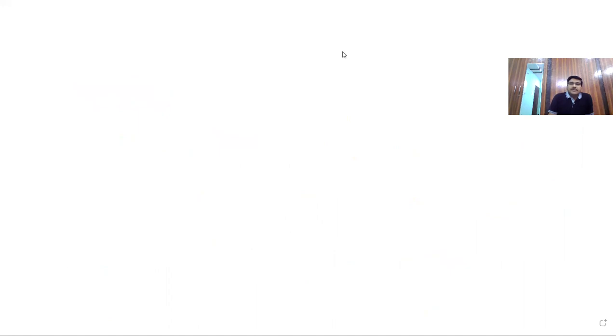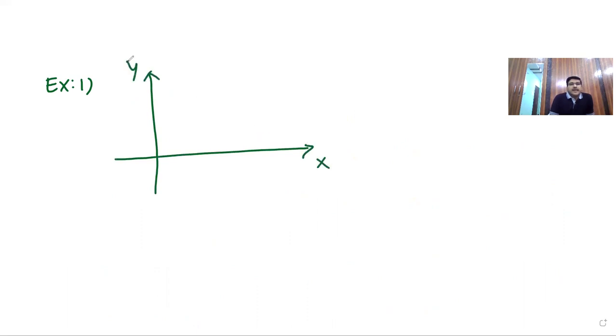Example 1, if I take. This is the x-axis, this is the y-axis, horizontal. On the x-axis, we have taken time, t. On the y-axis, we have taken velocity, v.